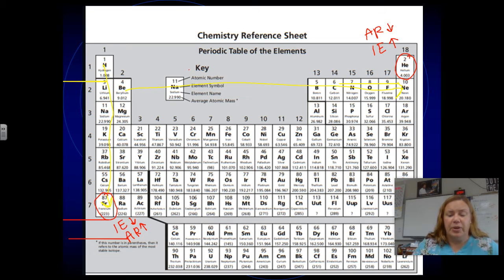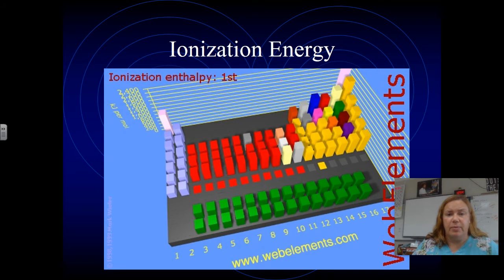Bottom line, what I like to remember is that He has a high IE. That helps me remember helium has the highest ionization energy. Helium is not only a small element, meaning it only has 2 electrons in the 1s orbital, but because the 1s orbital can only hold 2 electrons, it is full.